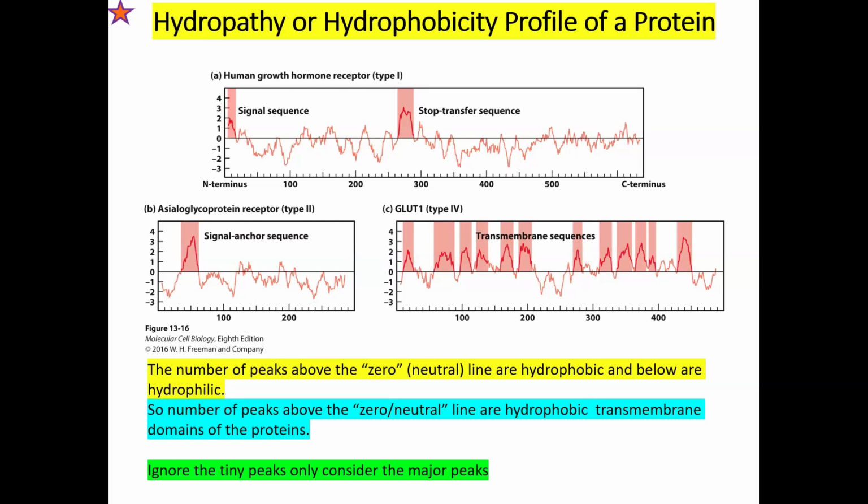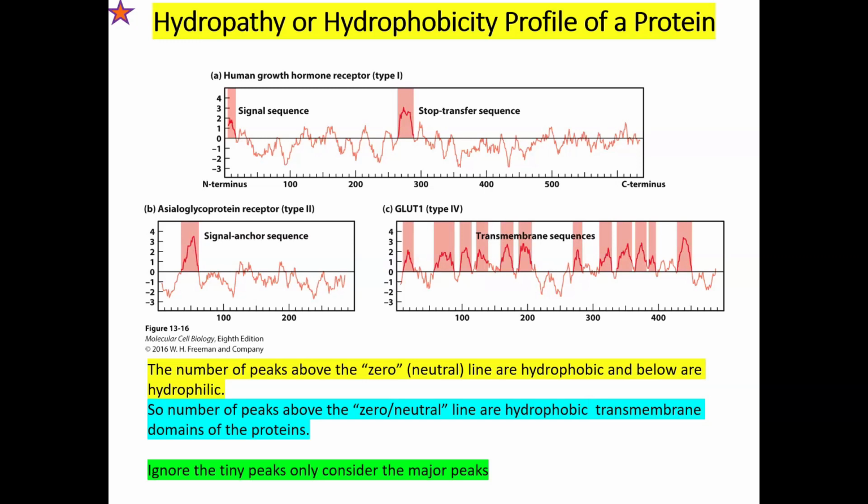So just straightforward: above the line, hydrophobic domains pass through the membrane, or could be the signal sequence if it is all the way at the very beginning. And the ones which are below are usually the periplasmic, luminal or cytosolic hydrophilic residues, which are loop-like structures in a multi-pass transmembrane protein.